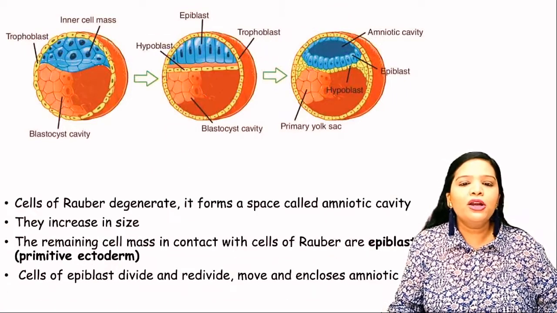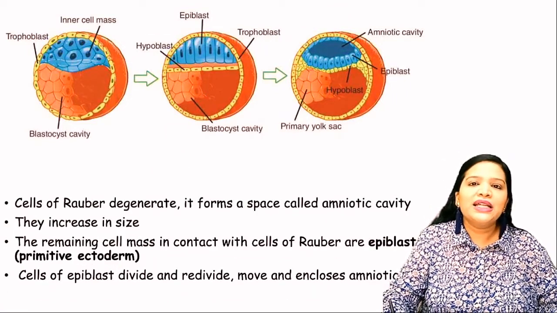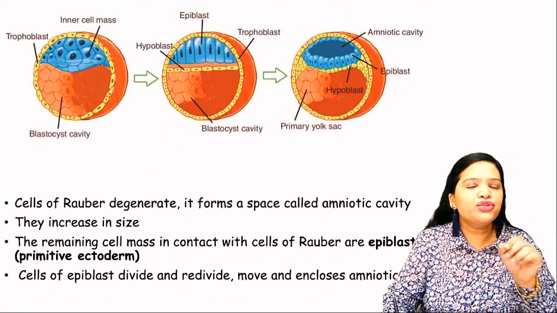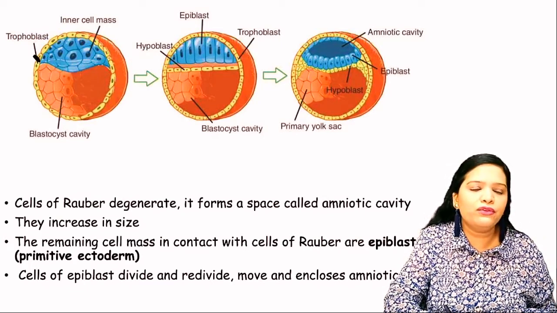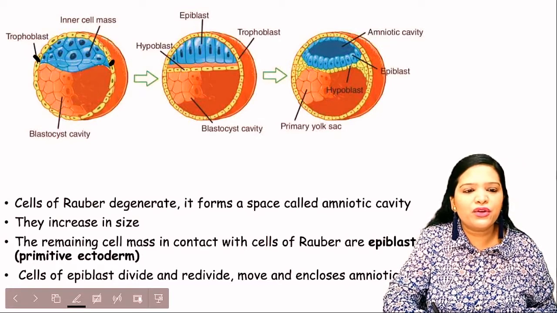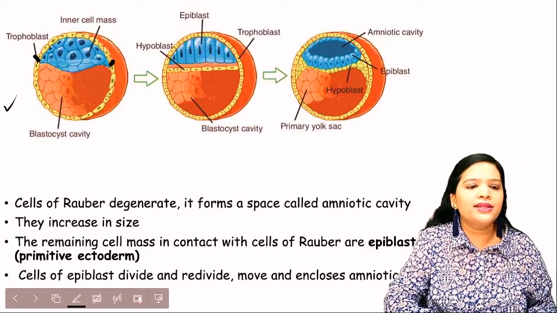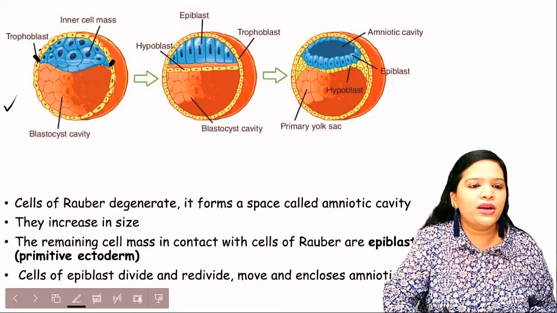Now, followed by this, what happens? We should know special cells called cells of Rauber. What are cells of Rauber? Look at this picture here in the leftmost corner.